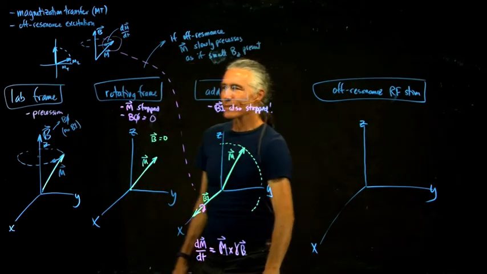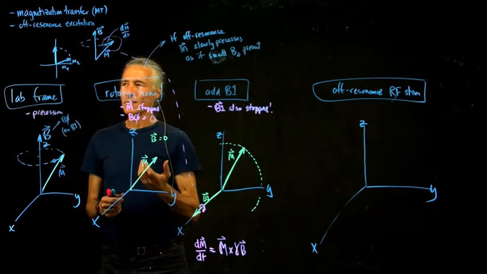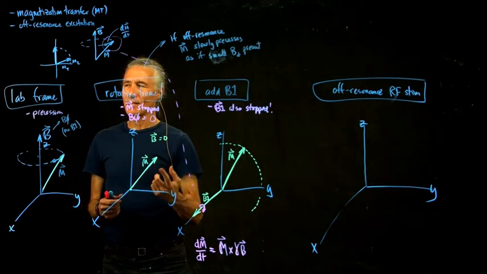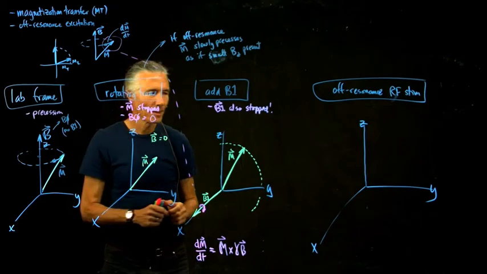Anytime we're off resonance, it appears as some z component of the field causing a slow precession, because we're almost on resonance, we're just a little bit off.